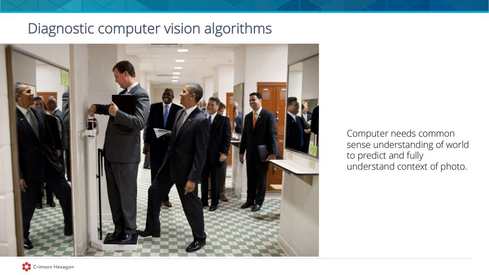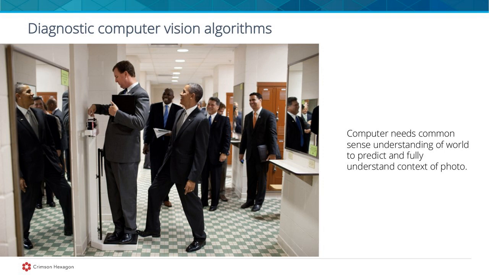So the other one is diagnostic computer vision algorithms. This answers the question, okay, we know what's in the image, we know what could happen, but why did it happen, right? And this is kind of where computer vision starts to fall apart. So within this photo, given current technology, I could tell you that there are 1, 2, 3, 4, 5, 6, 7, 8, 9, 10 men in the photo, when in reality there are 5.